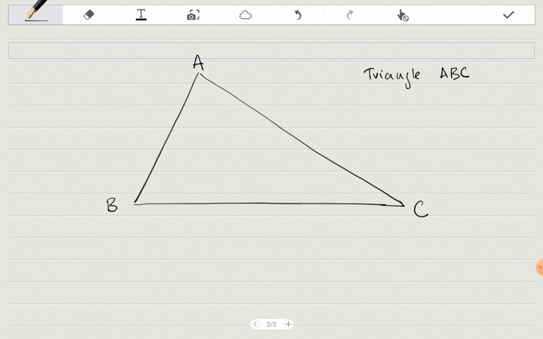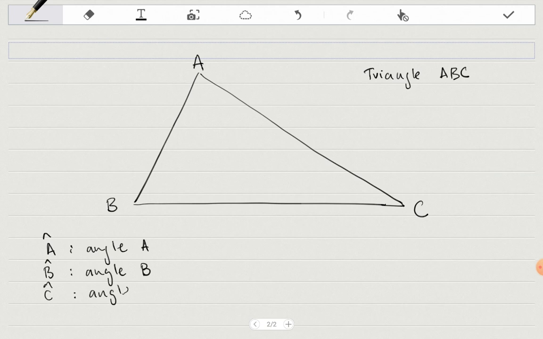If I wanted angle A, I'd call this angle A, that's how I'd read it out. For angle B it would be the same thing, and that'll be angle C.